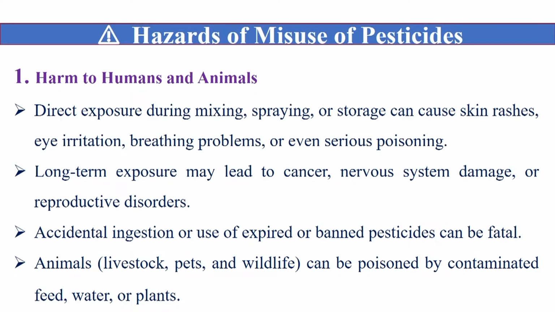So dear learners, first is harm to humans as well as animals. Direct exposure during mixing, spraying or storage can cause skin rashes, eye irritation, breathing problems, or even serious poisoning. Long-term exposure may lead to cancer, nervous system failure, as well as reproductive disorders.